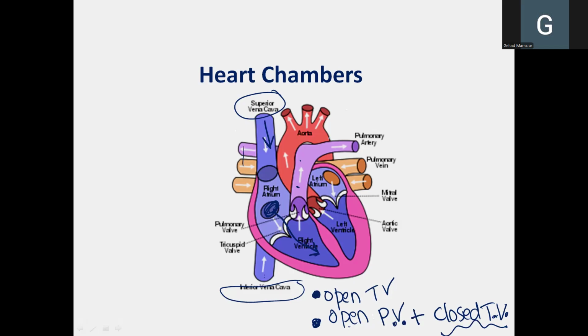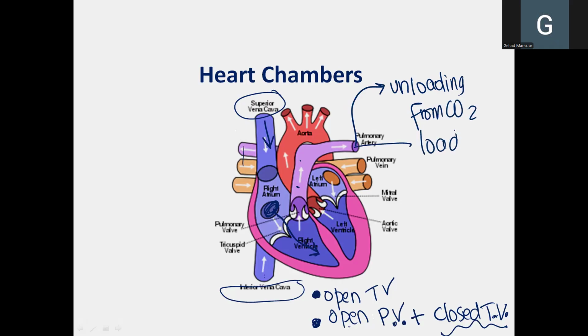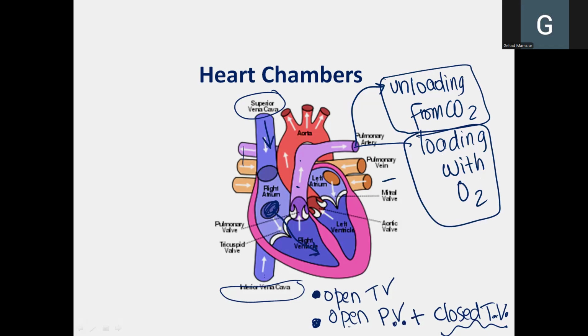And then blood is unloaded from carbon dioxide. So in the lungs, there is unloading of carbon dioxide and loading with oxygen, so that the blood that returns to the left atrium via the pulmonary veins becomes oxygenated blood.